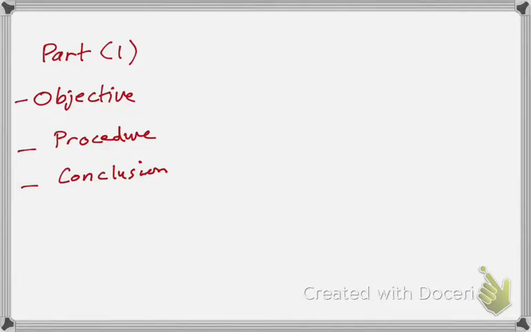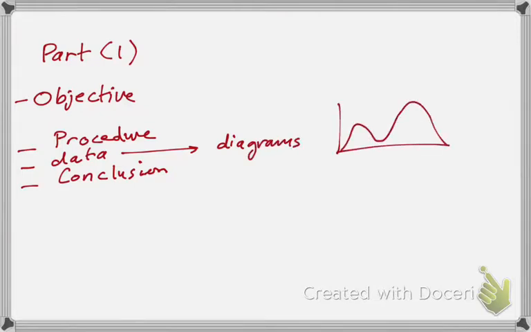However, before the conclusion, sorry, I forgot to say this, there will be data, right? And in the data, I would like to see the diagrams that show the overlap of both wavelengths on top of each other, drawn by Excel. When you draw any diagram in Excel, I want the x-axis and the y-axis to be labeled properly.